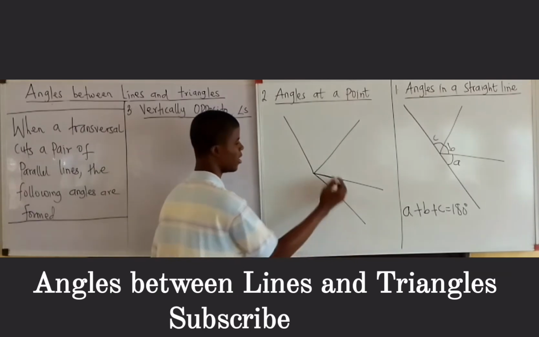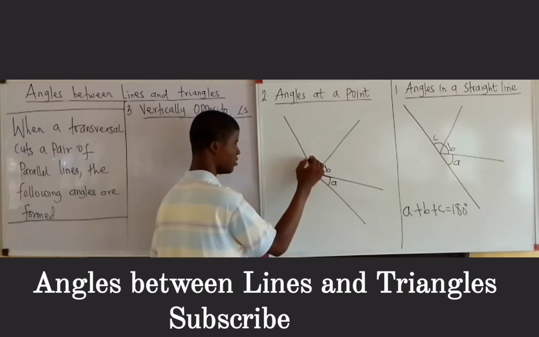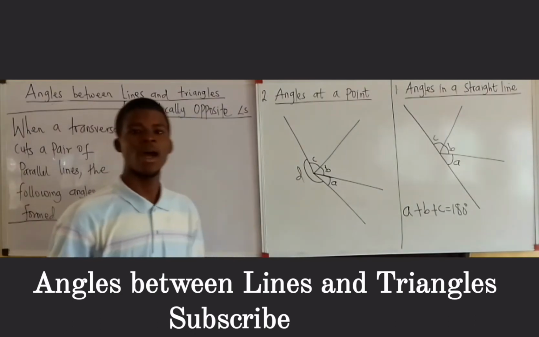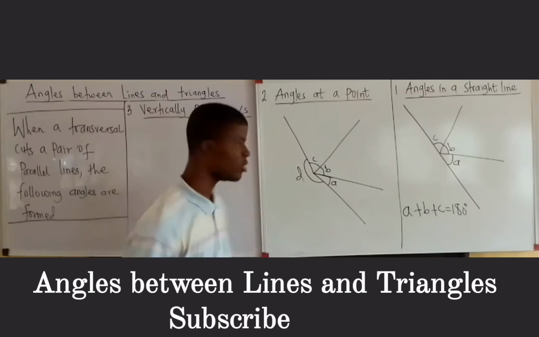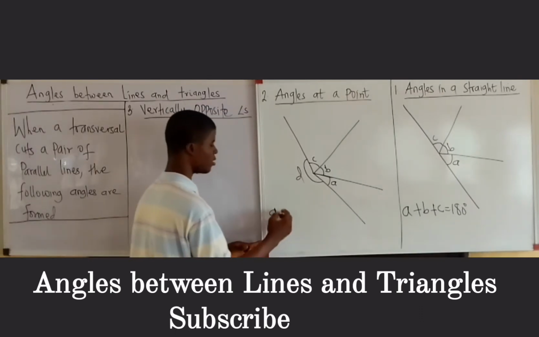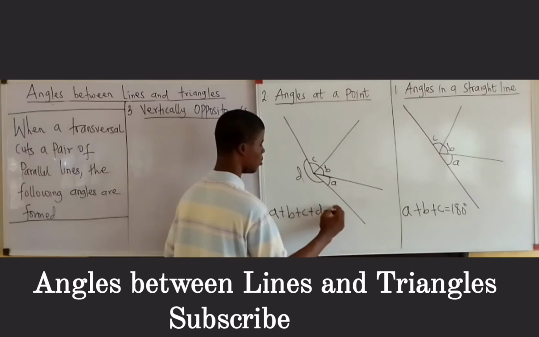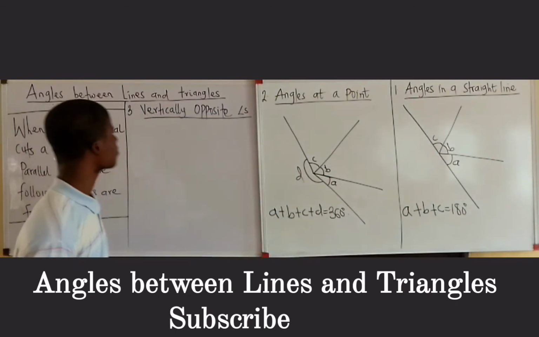If I form four angles here, A, B, C, and D, the rule says that the angles formed at a point are equal to 360 degrees. That is to say, A plus B plus C plus D equals what? 360 degrees. That is what the rule is talking about.